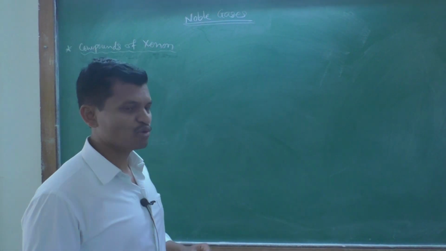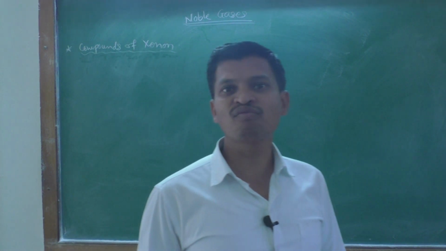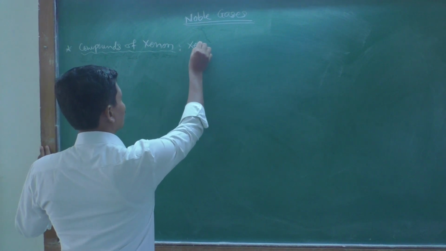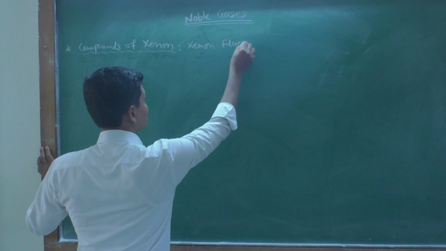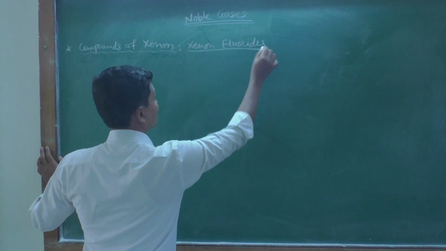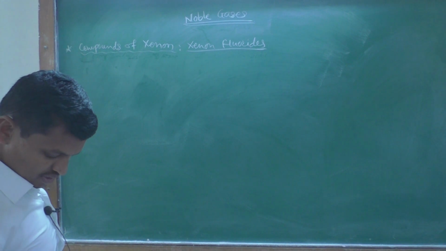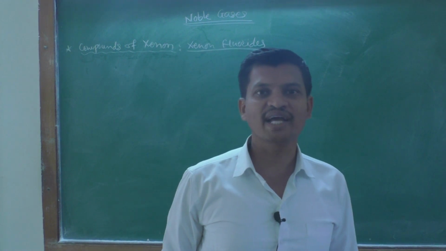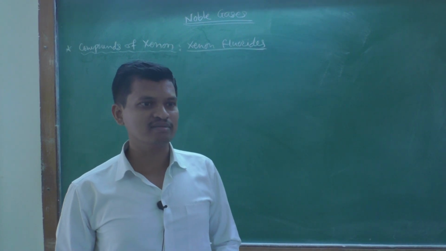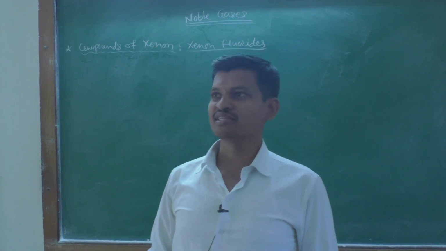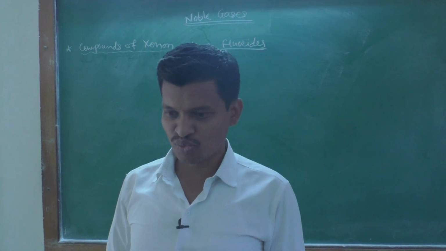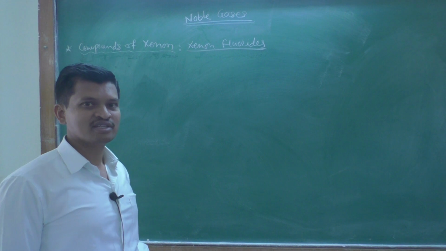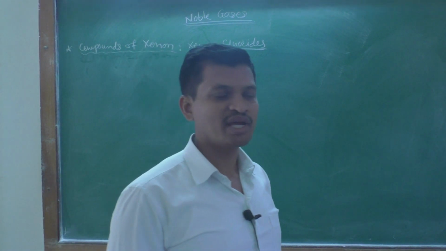First of all, we will see the xenon fluorides. Different combinations of xenon with fluorine gas are possible, and that is why xenon fluorides give rise to three types of fluorides, namely xenon difluoride, xenon tetrafluoride and xenon hexafluoride.